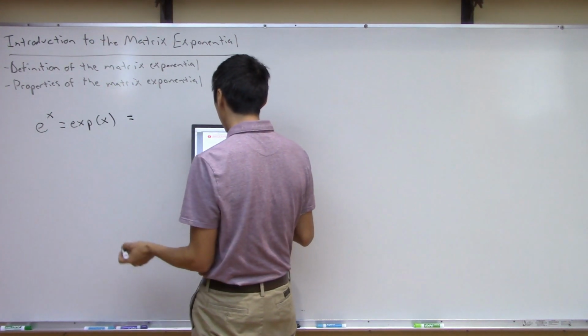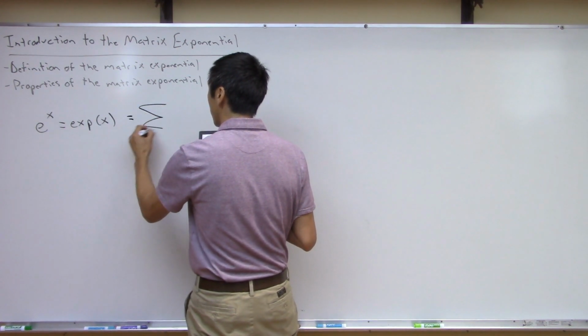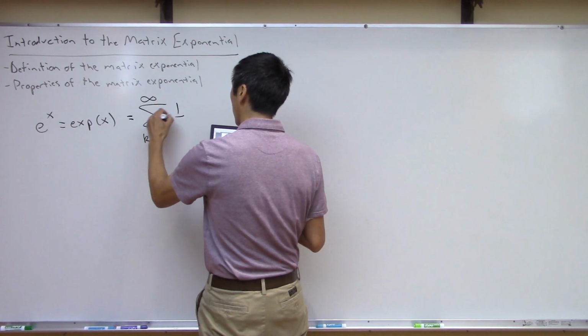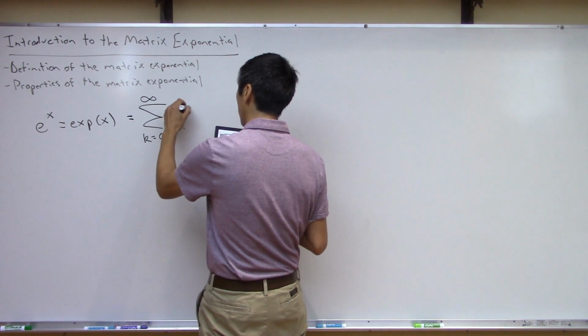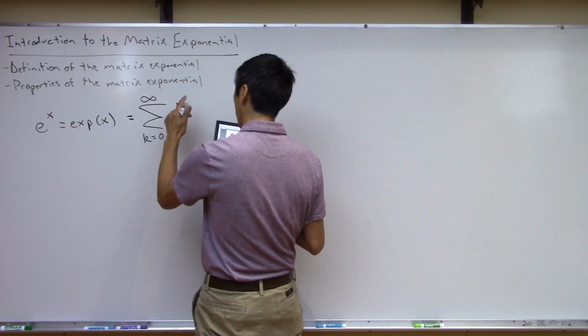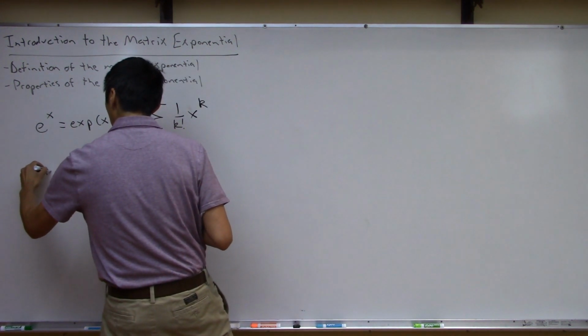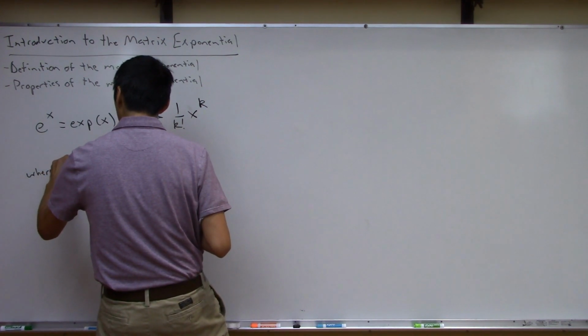Just to refresh your memory, this is an infinite series from k equals 0 to infinity of 1 over k factorial times x to the k.